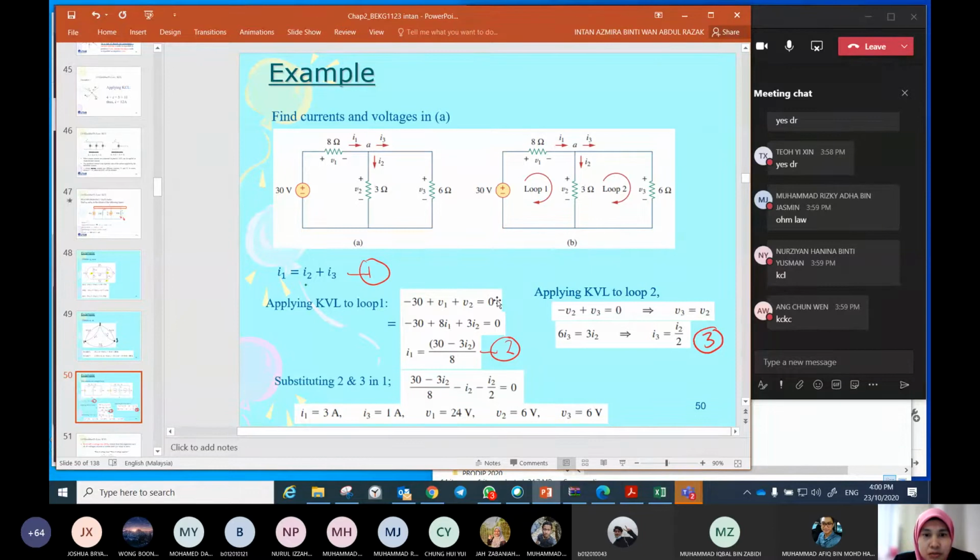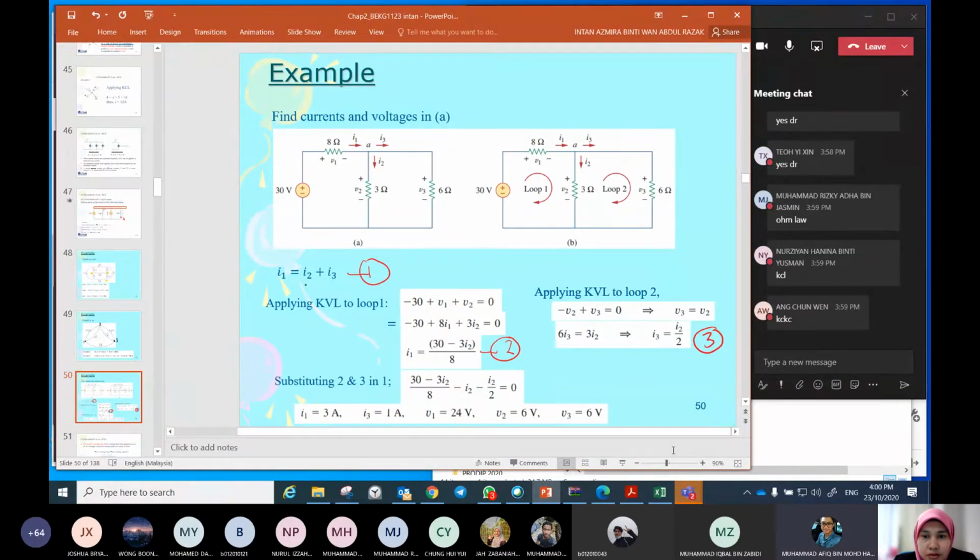Our equation here is in terms of current, and this is in terms of voltage. So now we substitute V in terms of current. V1 is equal to I1 multiplied by 8, so 8 I1.